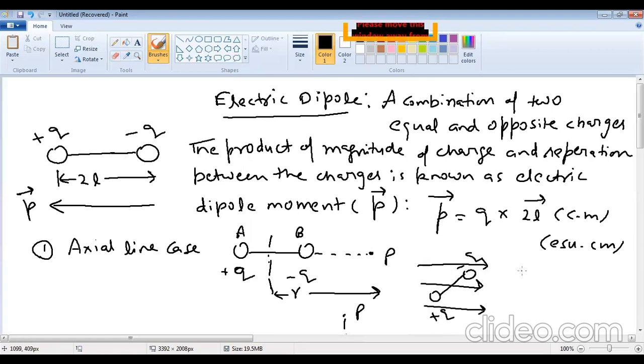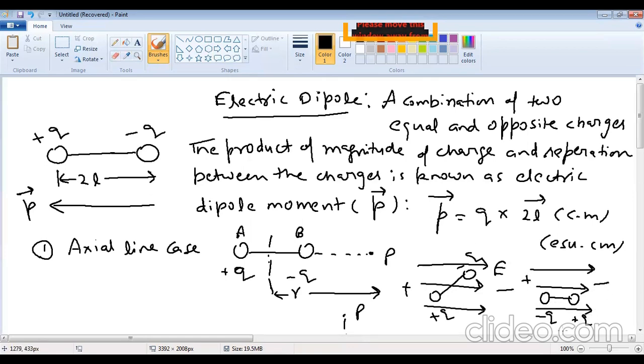Whenever a dipole is placed randomly in the presence of some external field, it experiences a force and aligns itself in such a way as to reach the minimum energy position, and that happens once it aligns itself in a direction opposite to that of the field. This is the most stable position for this dipole.